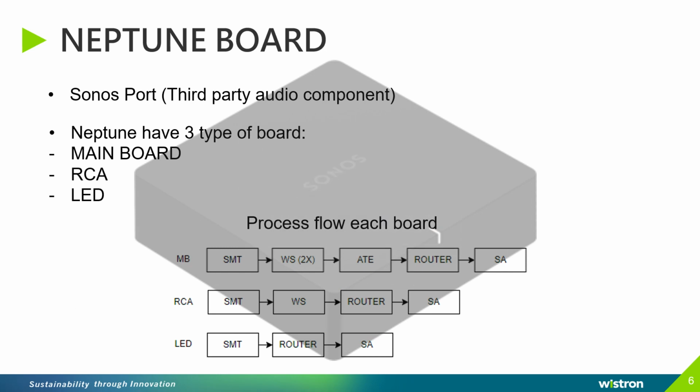So the Neptune board is used to make a Sonos board, which is a third-party audio component. And the Neptune board has just 3 types of board, which are mainboard, RCA, and LED. And the figure shows the process flow of the mainboard, RCA and LED.